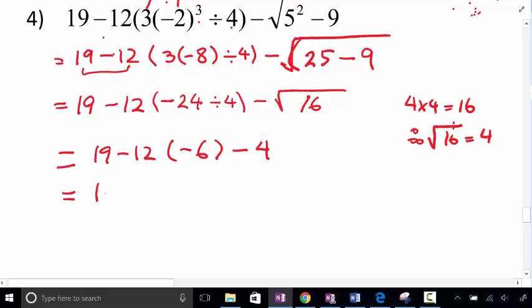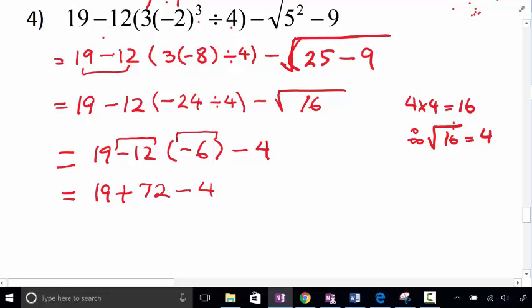Now, I can't do the addition here, but I can do the multiplication. Again, I like to look at the number and the sign in front of it and take care of that right now. And so I have a negative times a negative will turn out to be positive. So I can write plus. And that will give you 72.